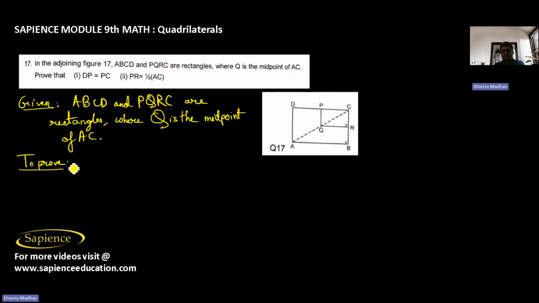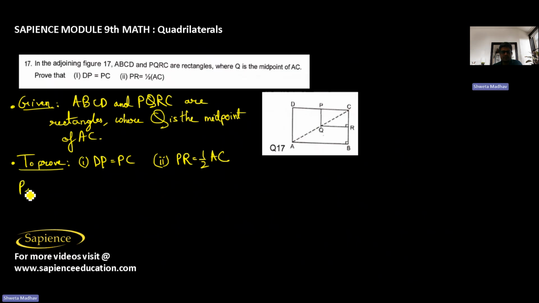And then we have to prove that first, DP equals PC. Second, PR is equal to half of AC.